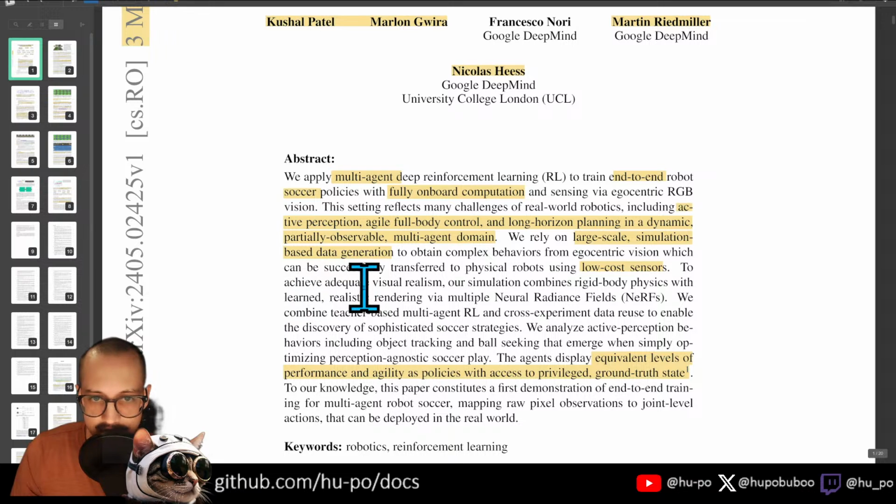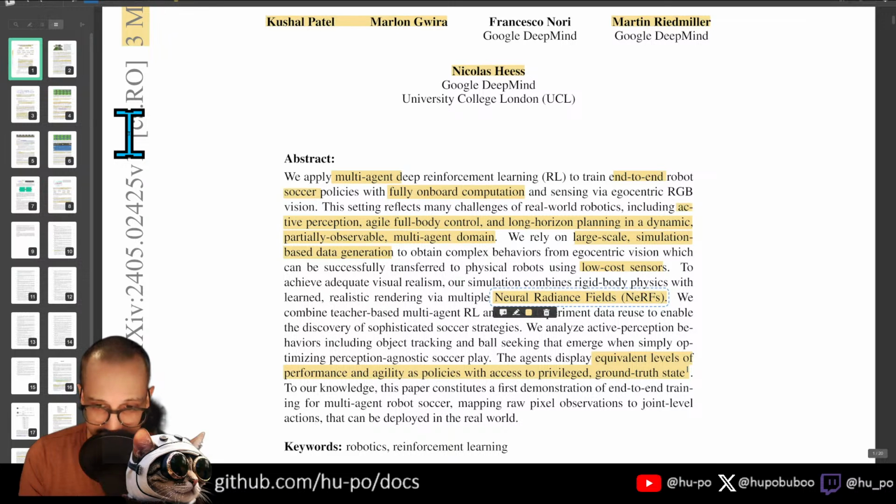To achieve adequate visual realism, our simulation combines rigid body physics with learned realistic rendering via multiple neural radiance fields. So they're going to be using a NeRF to render the background of the simulation, right? Because they're going to have to train this entirely in simulation and then deploy it in the real world, zero shot. Whenever you do that, your simulation needs to be very accurate, or have enough domain randomization that it adapts to the real world. And that's usually very difficult to do.